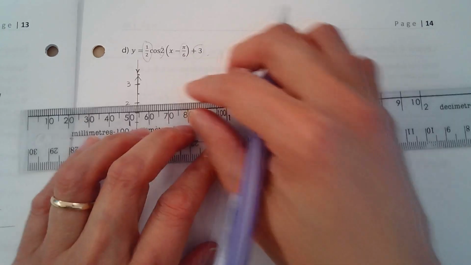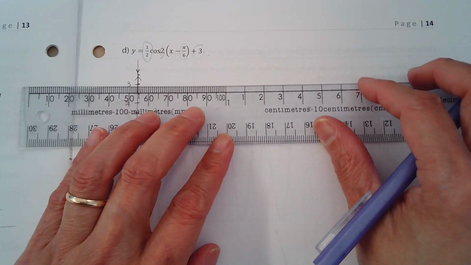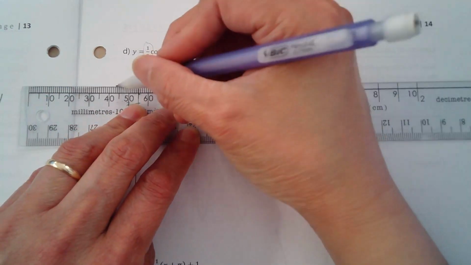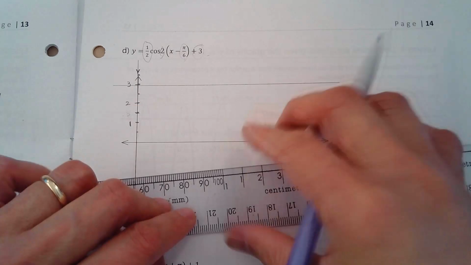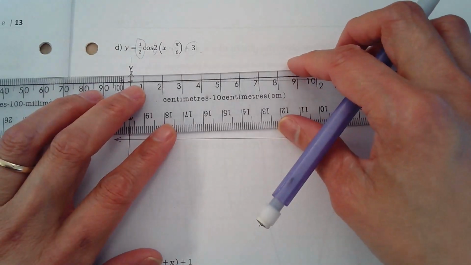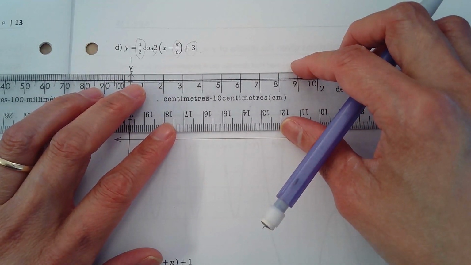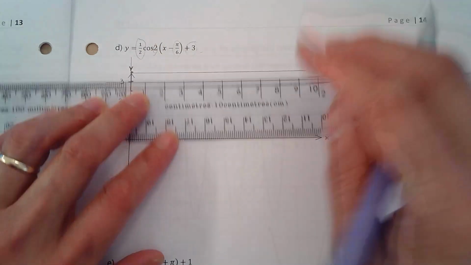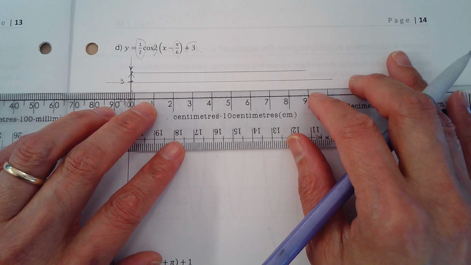So the median is 3. Draw our line at 3. Now I'm going to go as far up as 3.5 because it's a half. And then, ooh, this is not cool.